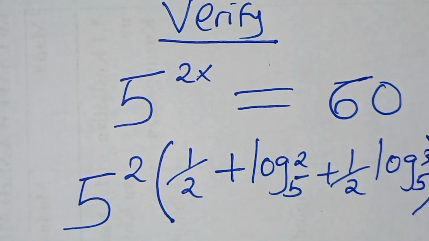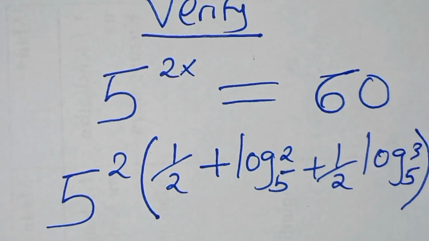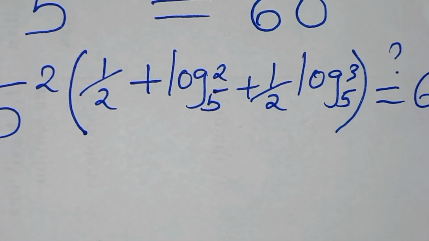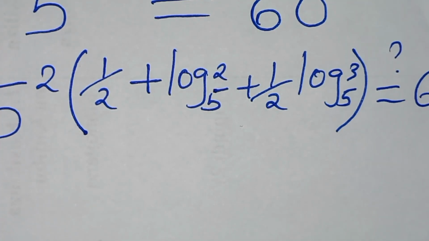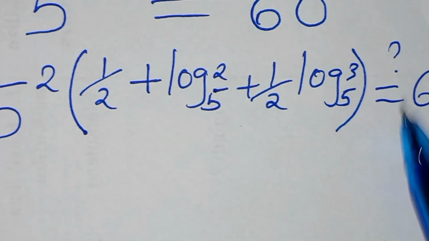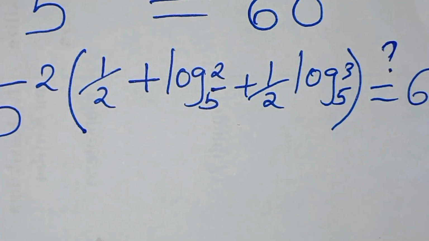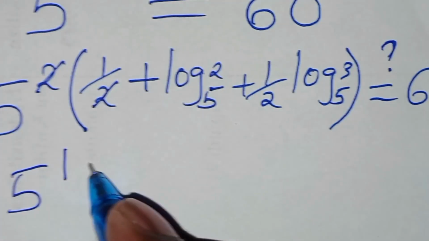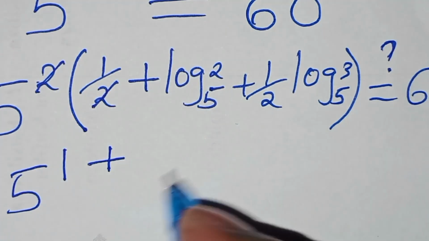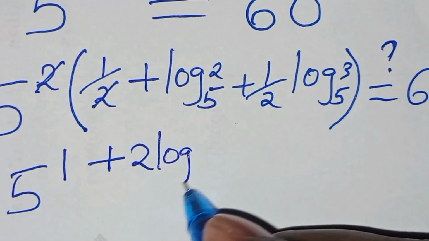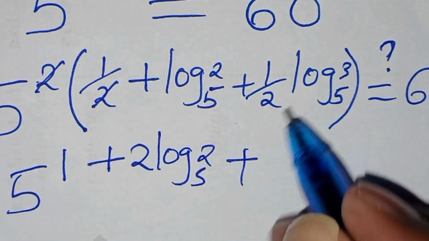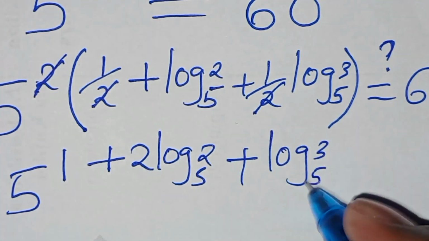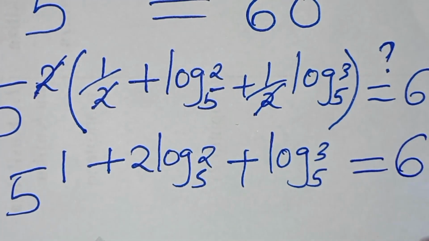Now this should give us a value of 60. Let's check if this is true. Now here we simplify. So this is 5 to the power 1 plus 2 log 2 to base 5, then plus log 3 to base 5, as the 2 simplifies. This should give us a value of 60.